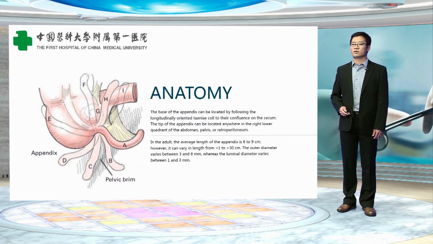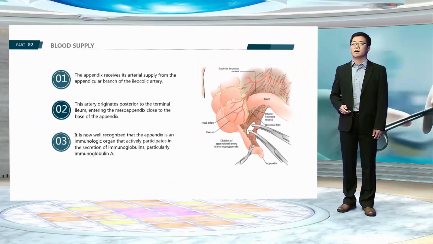The outer diameter varies between 3 to 8 millimeters, while the luminal diameter varies between 1 and 3 millimeters. The blood supply: the appendix receives its arterial supply from the appendicular branch of the ileocolic artery.